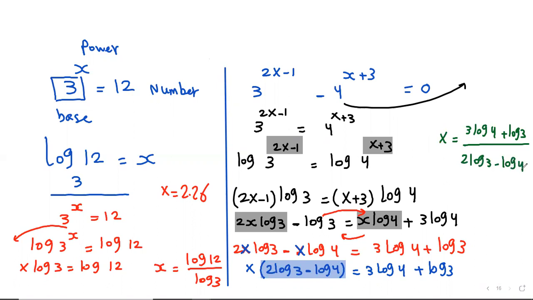Use your calculator to get the value of 3 log 4 plus log 3 over 2 log 3 minus log 4. So x is going to be 6.48. To the nearest one decimal place, it will be 6.5. That's it.